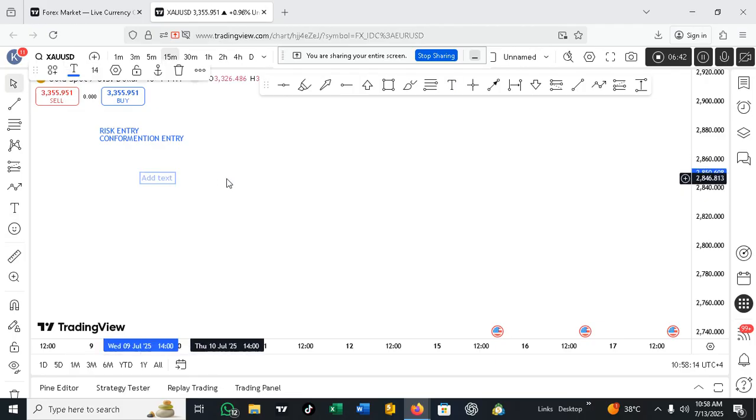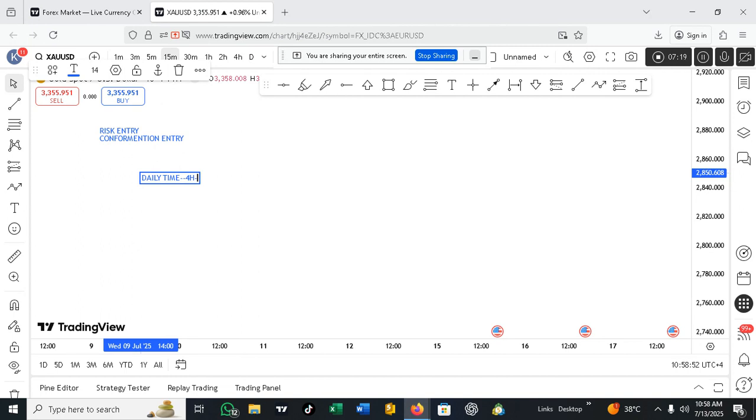After the daily time frame, I go to the 4 hour. Then on the 4 hour is where I mark my structures.